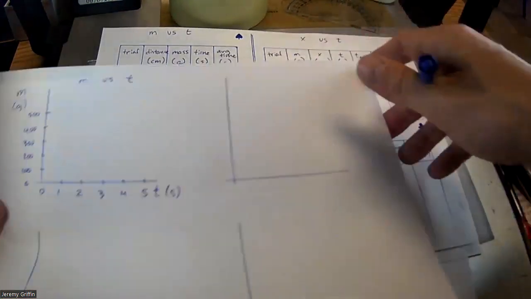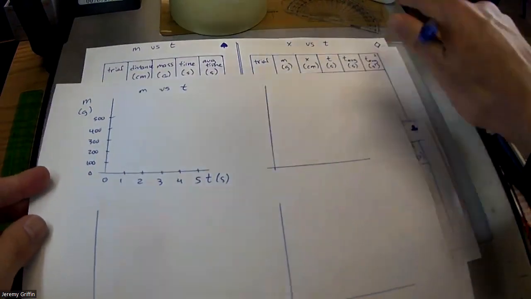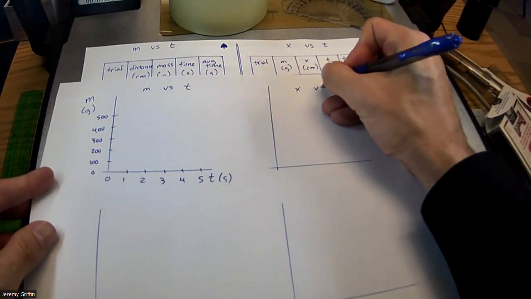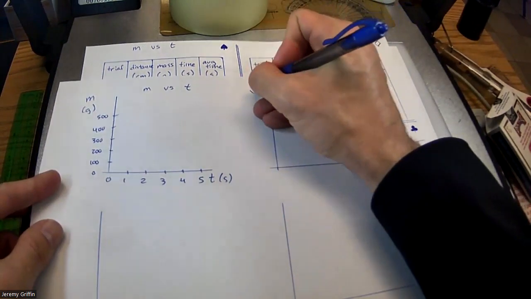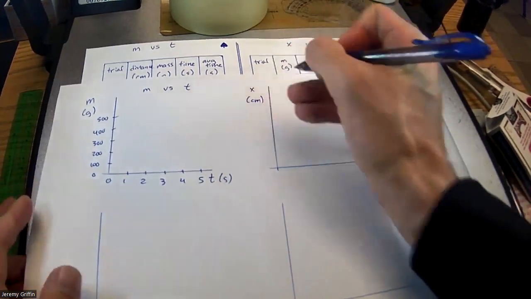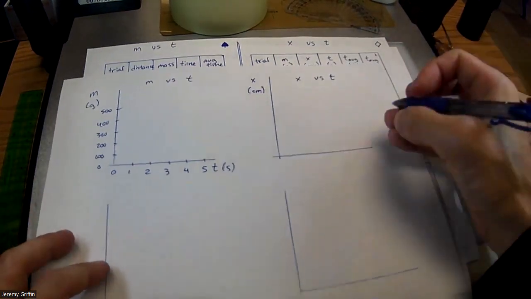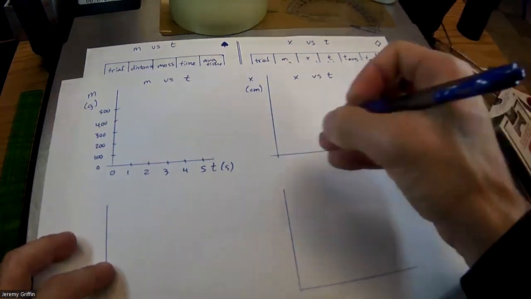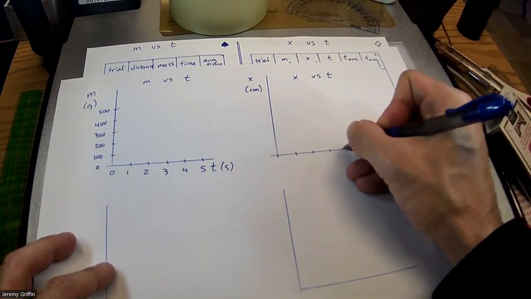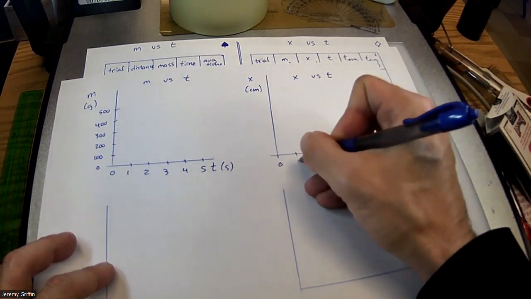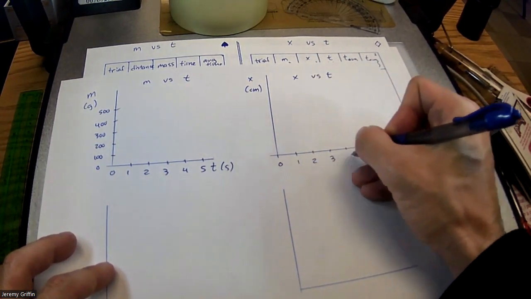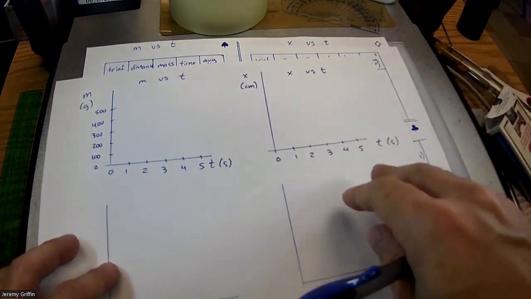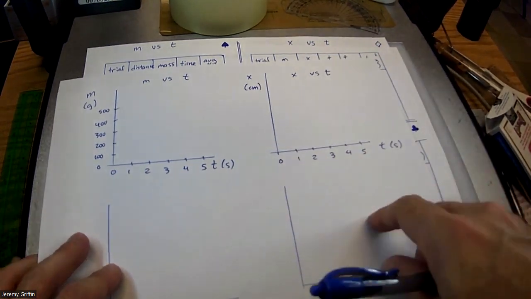What if you had the diamond? That would be displacement versus time. You put displacement in centimeters on this side and time in seconds on this axis, and scale it the same way. I'm just giving example numbers. It probably didn't take 5 seconds to roll all the way to the bottom, but you get the idea.